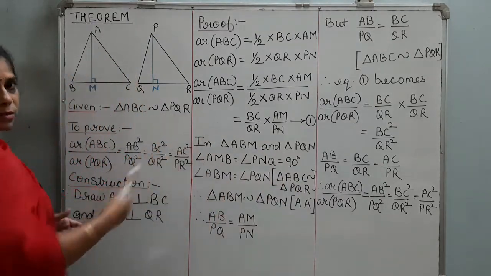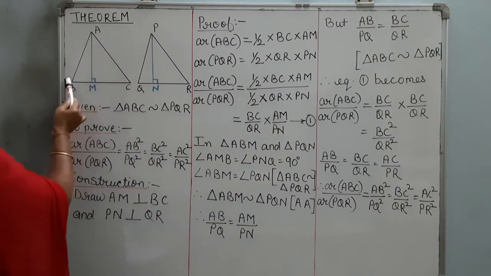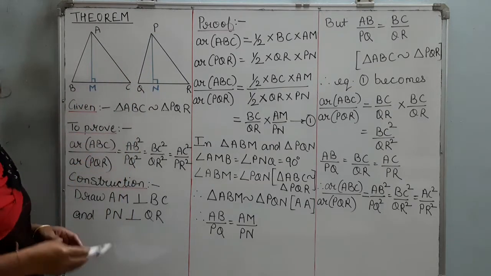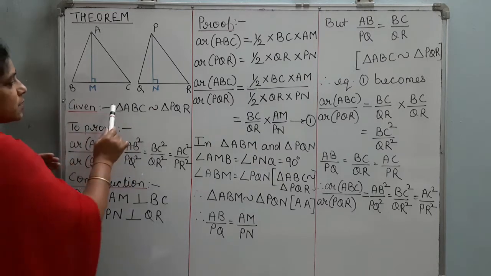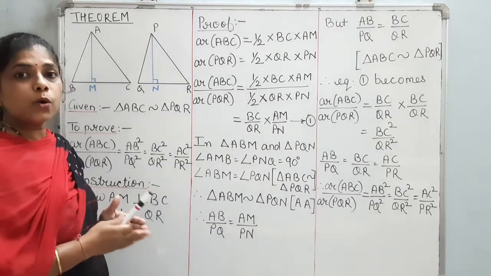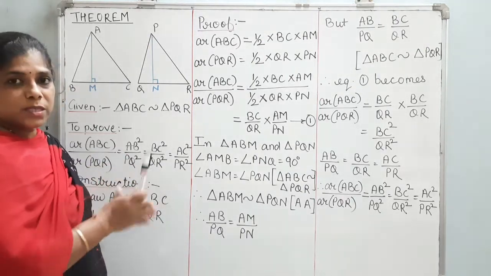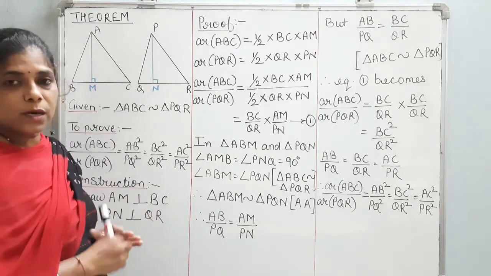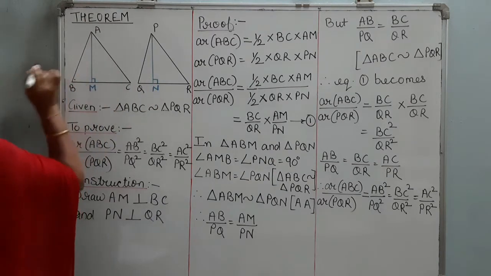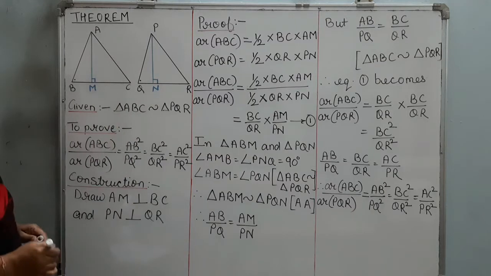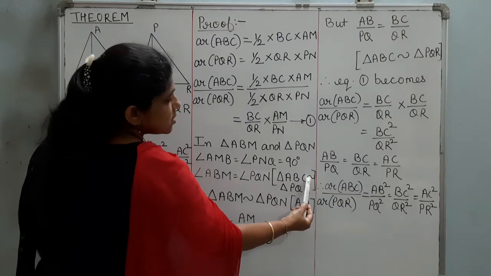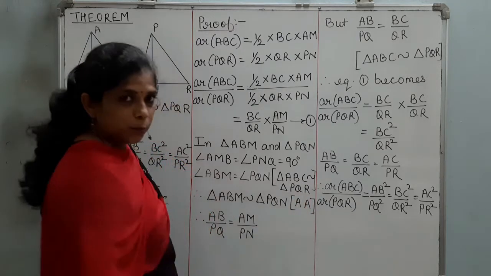One more thing we have in these two triangles: angle ABM is equal to angle PQN. Why? Already it is given that these two triangles are similar, and we know that similar triangles are always equiangular. That means the angles of two similar triangles are always equal. So as these two triangles are similar, angle ABM is equal to angle PQN, because triangle ABC is similar to triangle PQR.